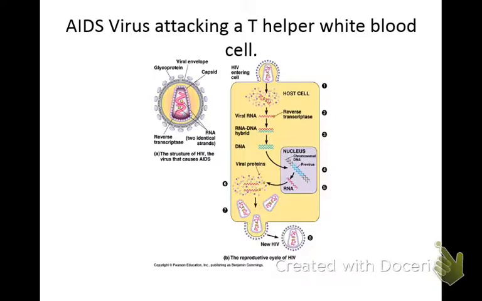They have a specific range. Viruses are specific. The flu infects your respiratory system. Hepatitis infects your liver. The tobacco virus infects the tobacco plant. And so viruses are very specific on what their host is.